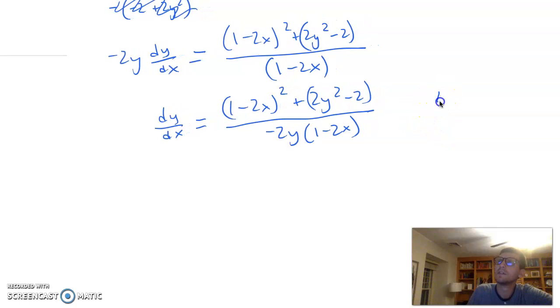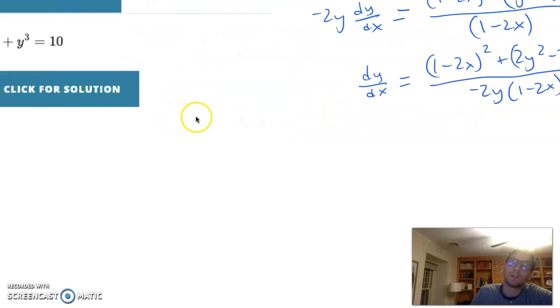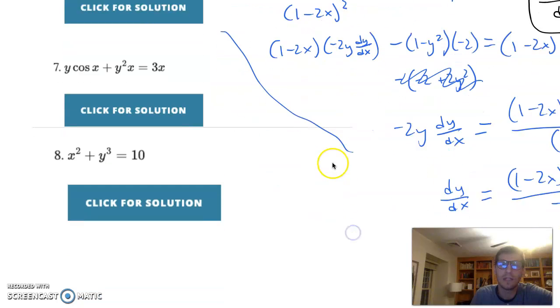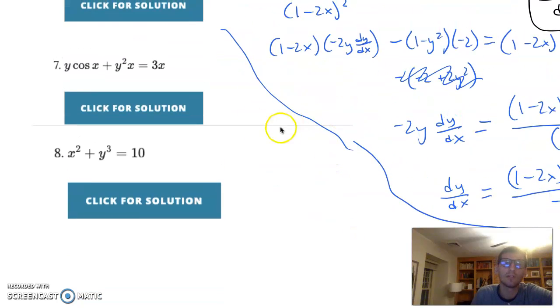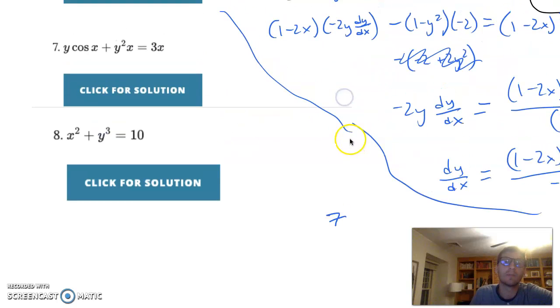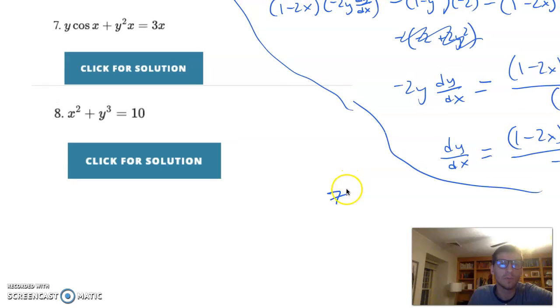It had 4x minus 1 over 2y as the derivative. So I'm curious how they got from one to the next. I don't know, but that's why I thought there was a mistake in the answer key. Somebody let me know if you see how they got there, because I'm a bit lost in the sauce right now. Okay, I'm sorry I'm losing space here. These problems are so condensed.